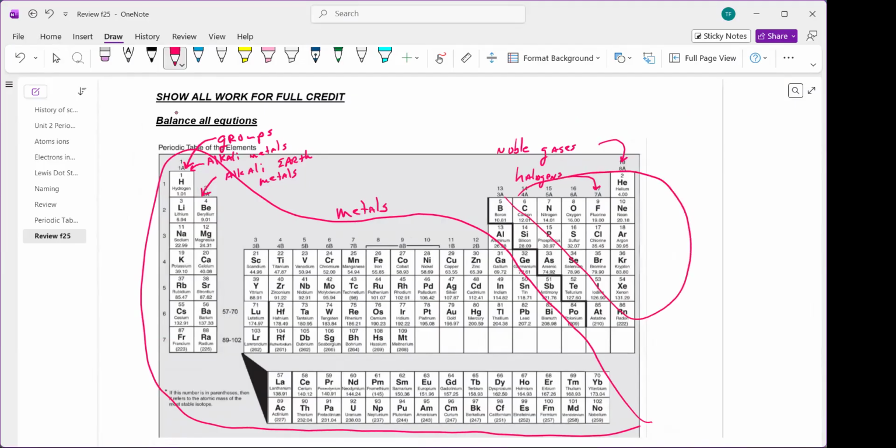Non-metals. Now there's a transition group going from metals to nonmetals, and those are called metalloids. And that's on either side of that black squiggly line.